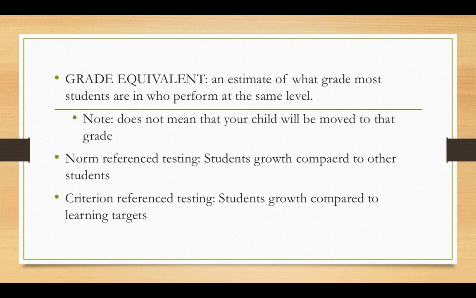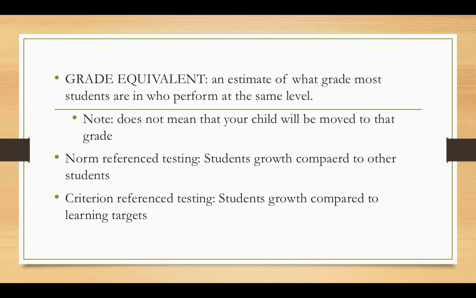Now, these next two, norm reference testing and criterion reference testing. These EOCs can be considered norm reference testing because students' growth are compared to other students as well as other schools and other counties all within North Carolina, and then those tests are compared to the state.